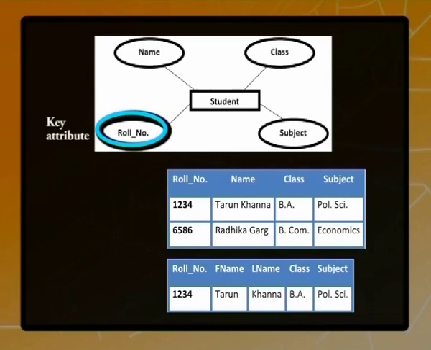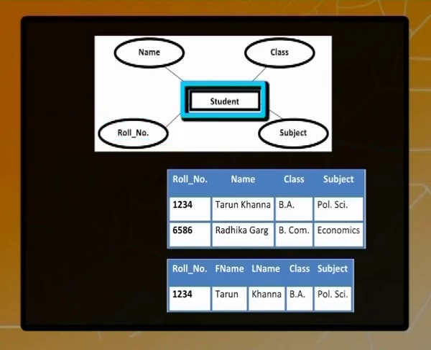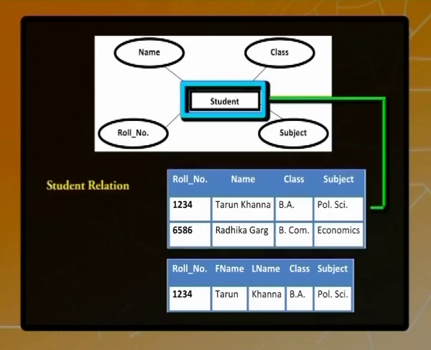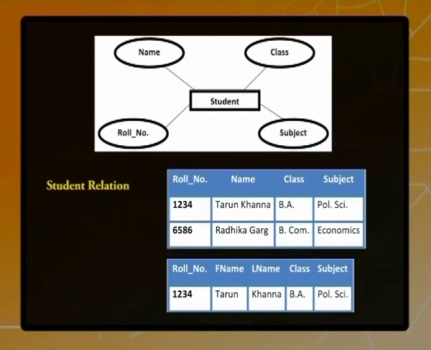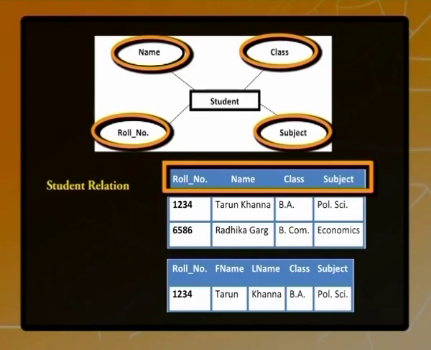Consider the ER diagram shown with student as entity type with name, class, roll number and subject as its attributes, and here roll number is the key attribute. Then it will be mapped to relational model as shown. Here entity type student has been converted into a relation with this name, and its attributes become the attributes of this relation.